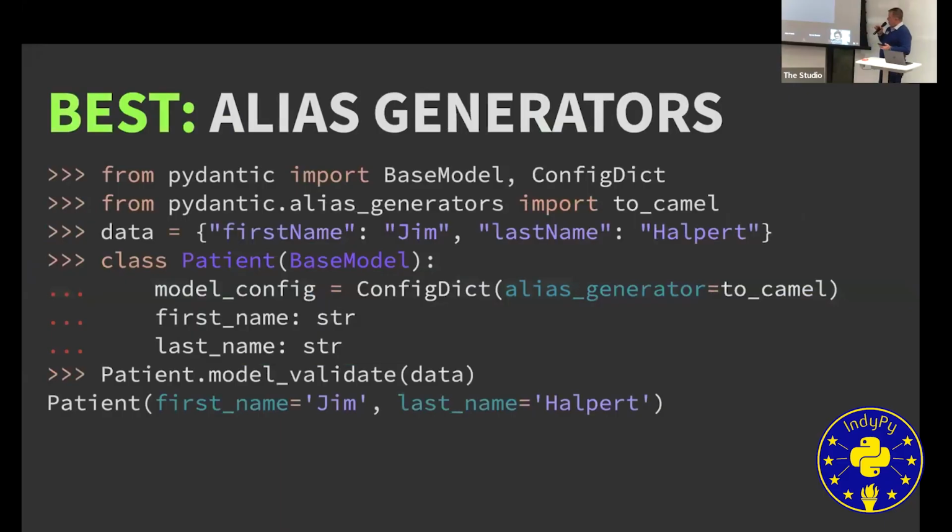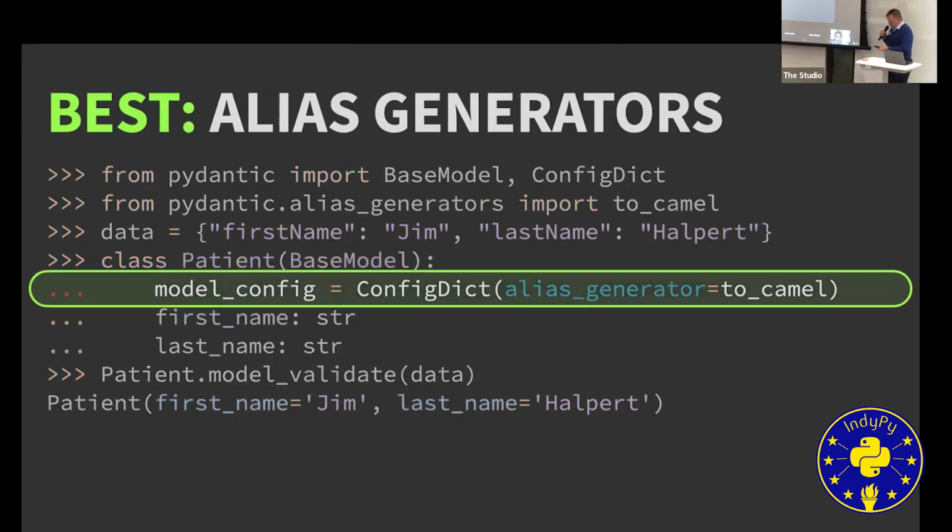Of course, Pydantic has a way to automate all of that, and it's called alias generators. So our second pass here, our third pass, is going to be using an alias generator. Every Pydantic model has a model config attribute in it, and this model config attribute contains kind of the default configuration if you don't touch it at all.